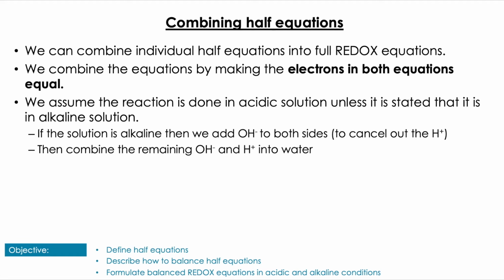Once again, we're always going to assume that we've got an acidic solution, but if the question does say that we've got an alkali solution, all we're going to do is add as much alkali that will remove the H+ from the equation and make it alkali. We're going to add it to both sides of the reaction. I'm going to go through examples of all of this, so let's have a look at first simple example.